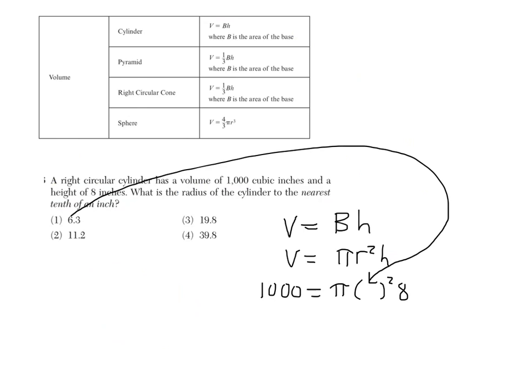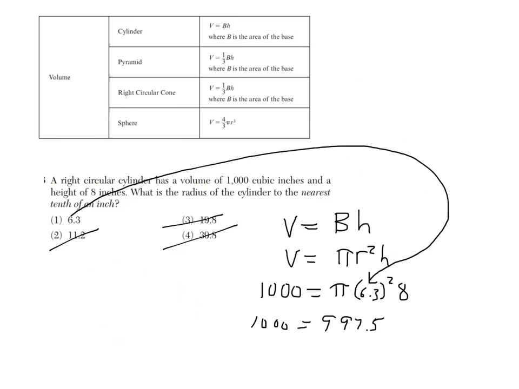If you type in to the calculator pi times 6.3 squared, multiply it by 8, you end up getting 997.5 approximately. Now that's not the same as 1,000, but of the choices it's the one that comes out to be closest to being 1,000.